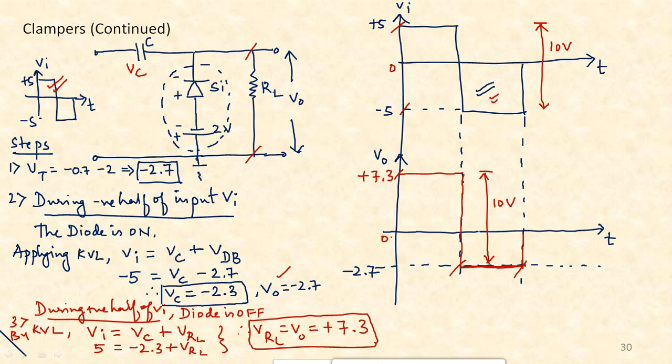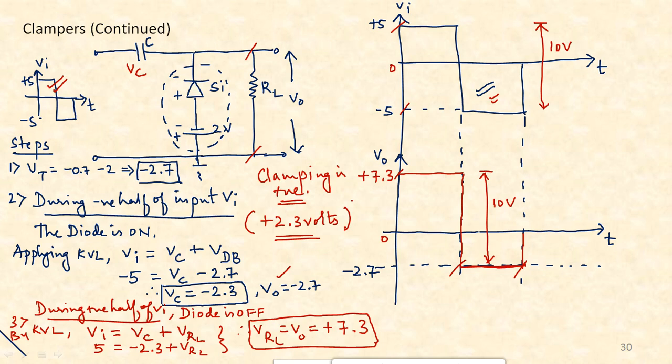What about the output? The output is positioned from 0 to plus 7.3. So when you compare it with the input, the clamping is positive, and the amount of positive clamping is plus 2.3 volts, because 5 plus 2.3 volts will become plus 7.3 volts.